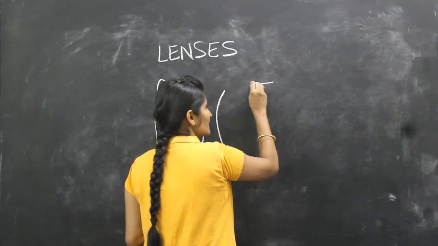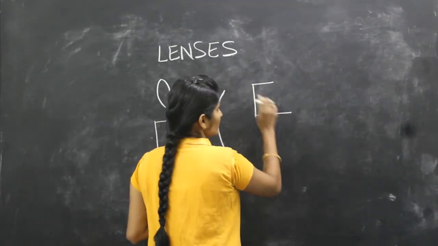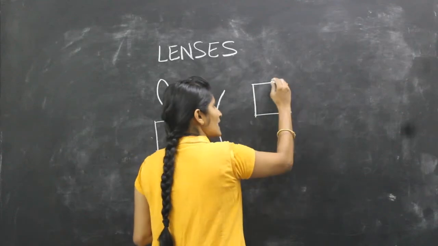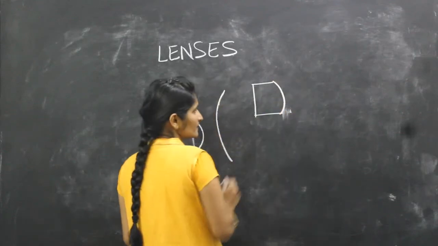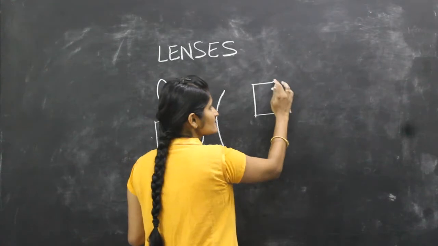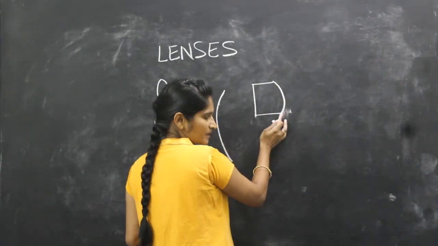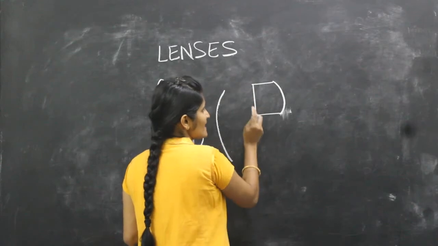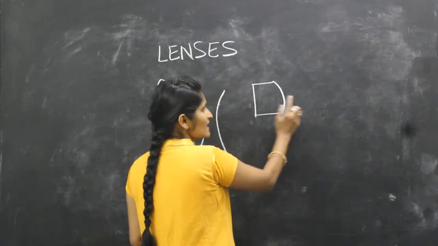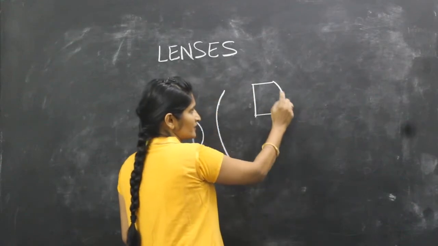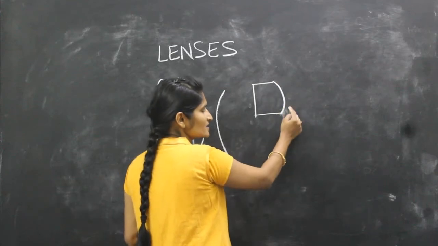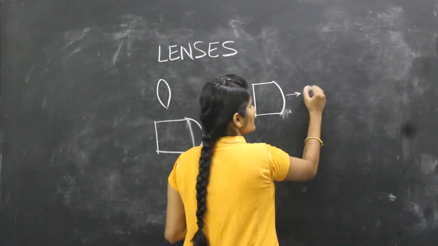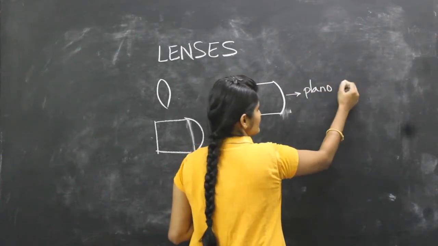Now I am taking one side as a plain surface and one side as a curved surface. This is a convex lens. This lens has one plain surface and one curved surface, and the curved surface is in the shape of a convex. That's why this is called plano convex.